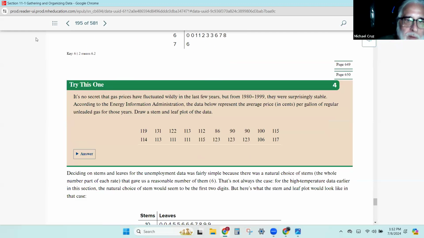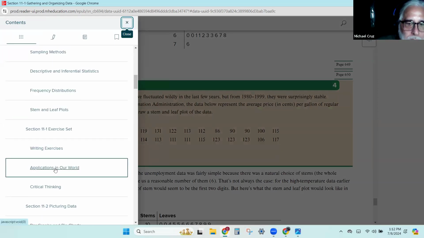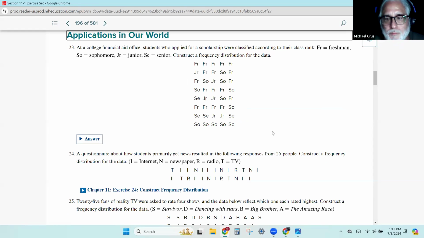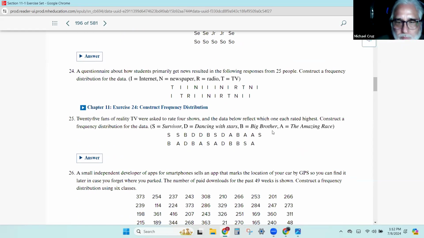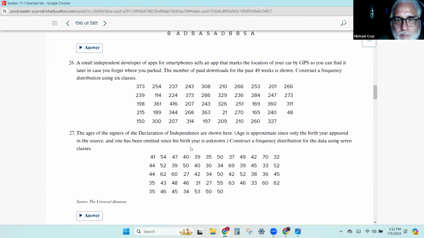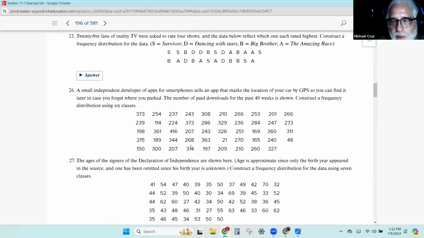Let's go down to the problem sets and look for one. Now, the bad part about these is they don't tell you what class to use.